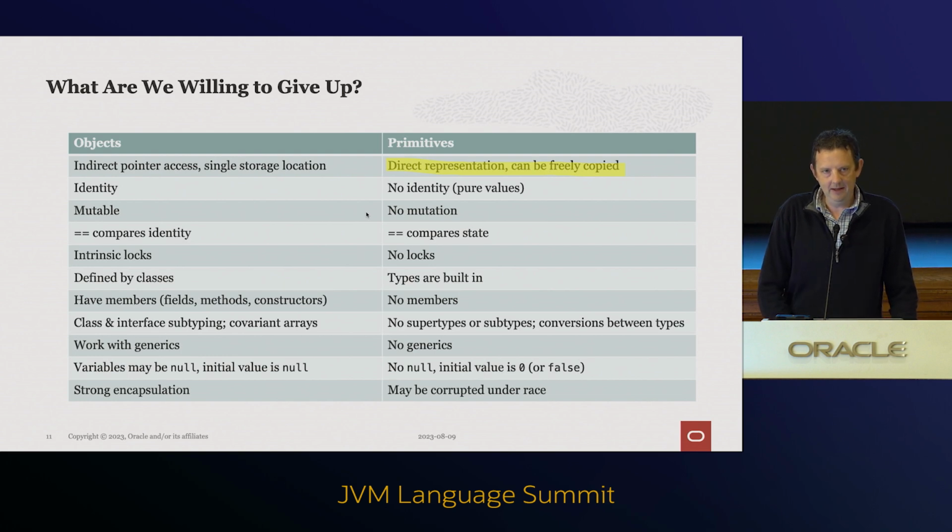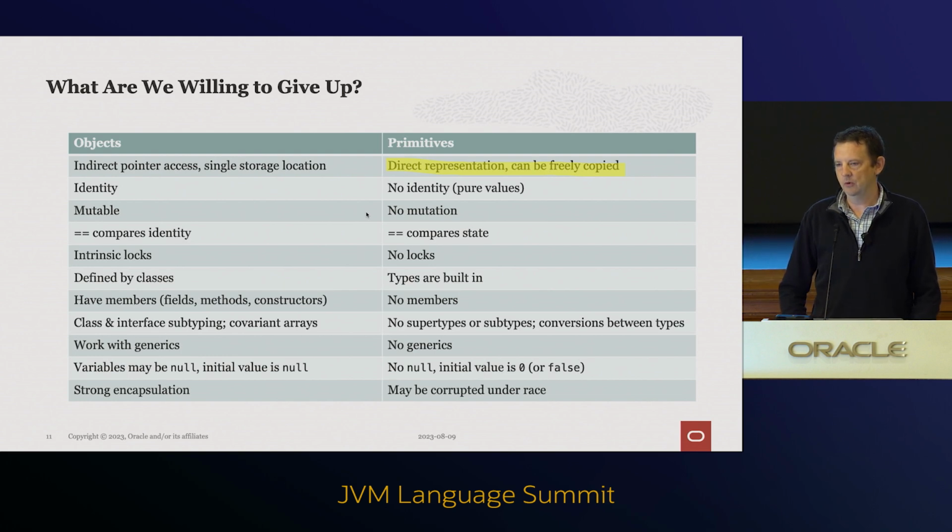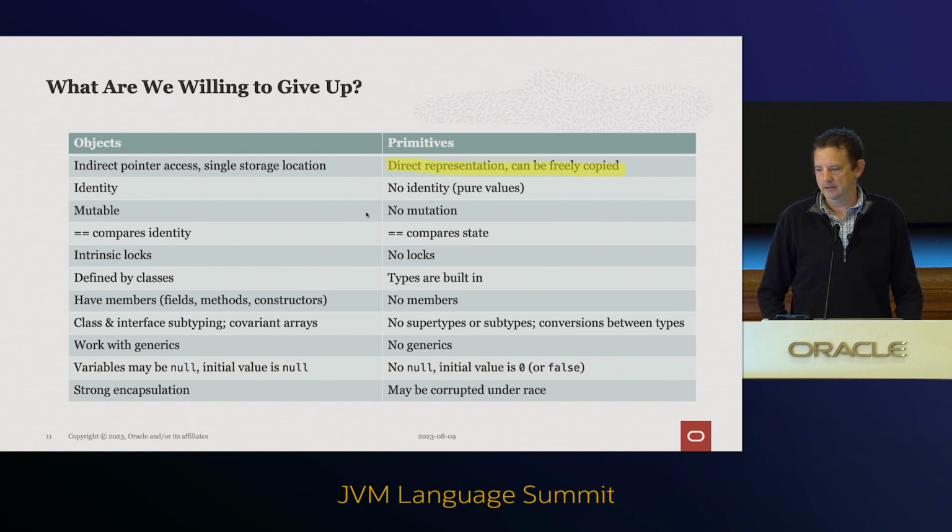If we want that, of course, there's going to be trade-offs. And so we need to think about what are we willing to give up. We've already said we're willing to give up the single storage location. We're also willing to give up identity. A lot of times we don't need identity, but we can't have identity and have this primitive-like behavior as well. It also implies no mutation.